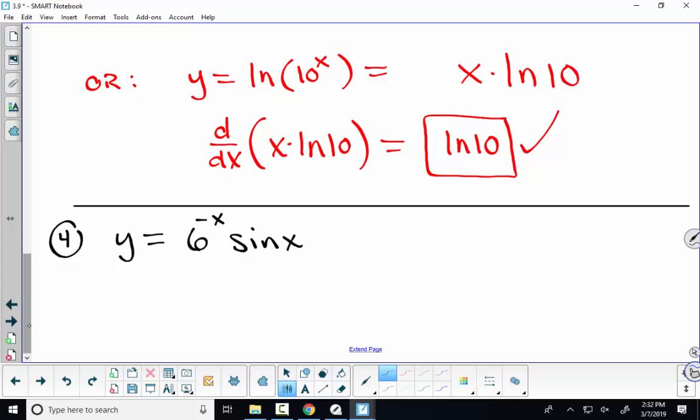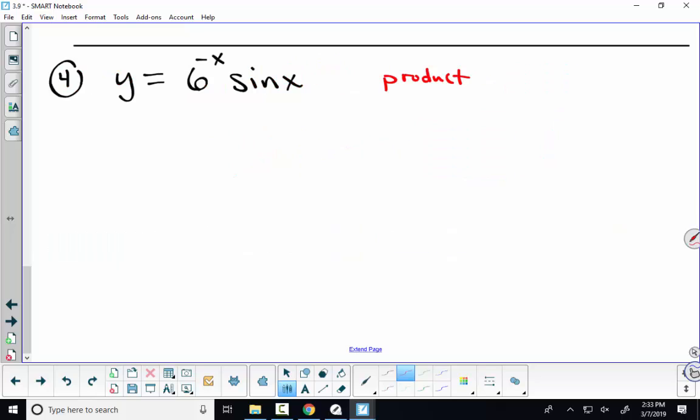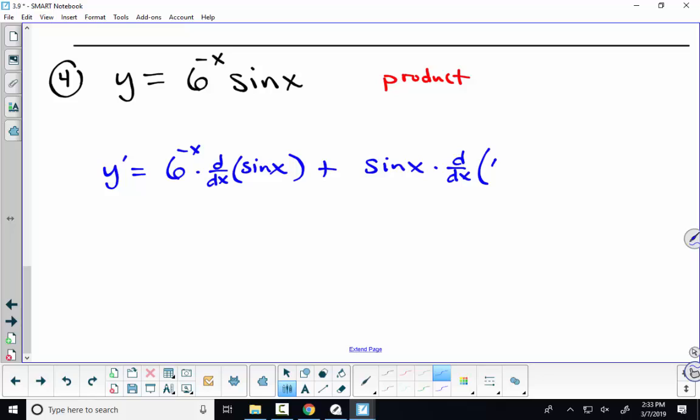Exponent for the 6 to the negative x, but what else? Product. Yeah, the overall structure of this function is a product of two functions, so this is a product. So we have the first times the derivative of the second plus the second times the derivative of the first.